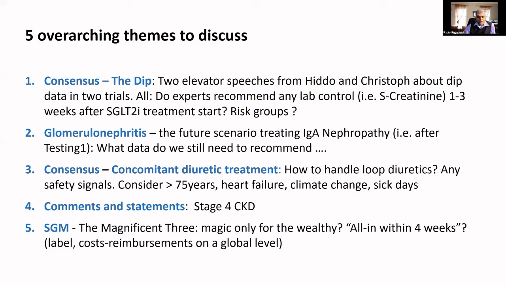But in stage 4 CKD, I'll take off from what Christoph was asking and what Kathy was lamenting on the affordability issue. So 5 years ago, we actually designed a trial looking at people with poorly controlled hypertension and stage 4 CKD, and asked the question whether chlorthalidone would work in those individuals.